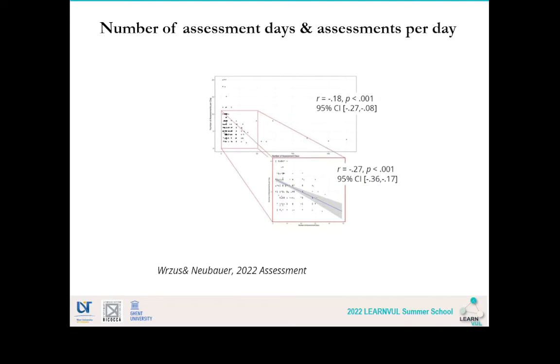This shows how many assessments you should do per day, and the relationship between the number of assessments per day and the number of days.